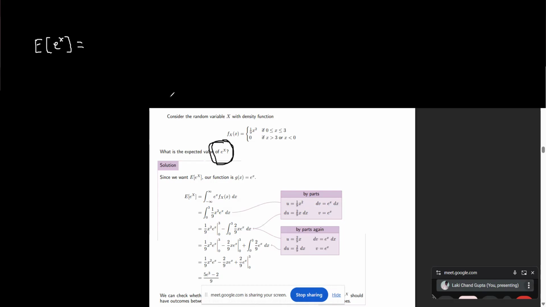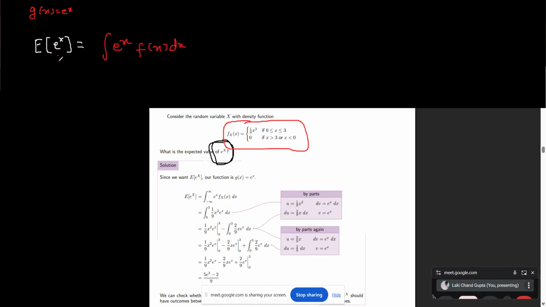This is a continuous random variable. Let's suppose this is gx. Gx is e to the x. And you know for a continuous random variable, expected value of function is e to the x into fx.